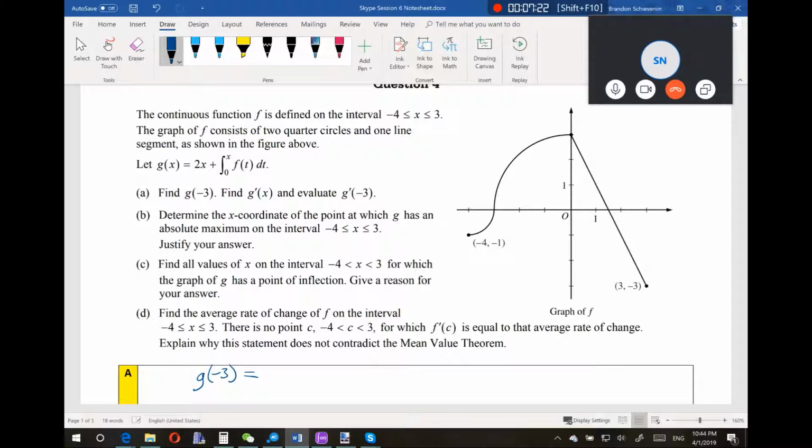So for this first part, the 2x, I can just plug that straight in. 2 times -3. The second part, you're right, I'm going to integrate, plus the integral from 0 to -3 of f of t dt. Okay, if I'm integrating from 0 to 3, so I'm looking at all of this area here.